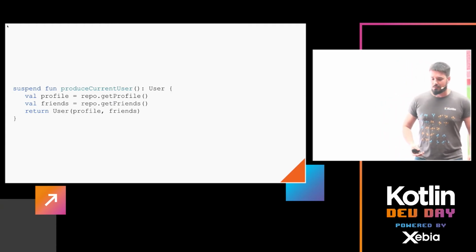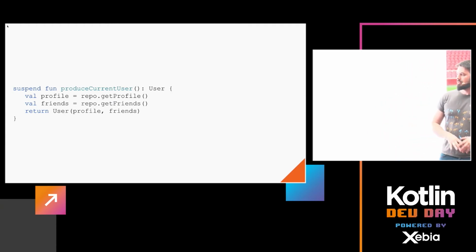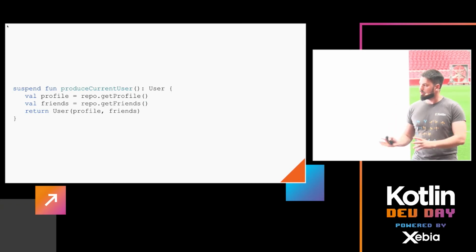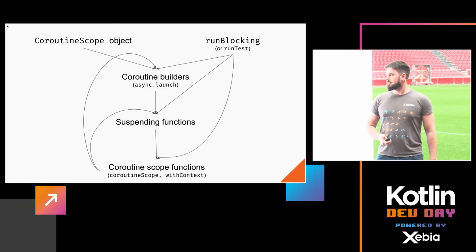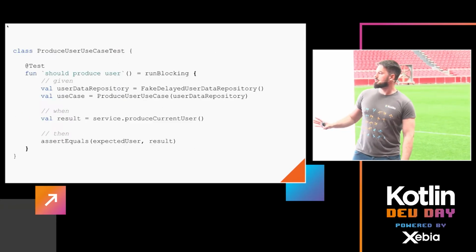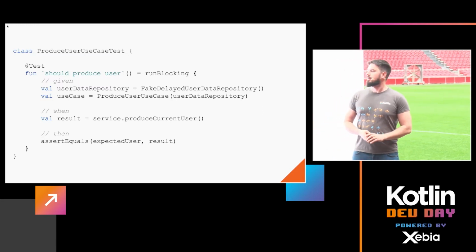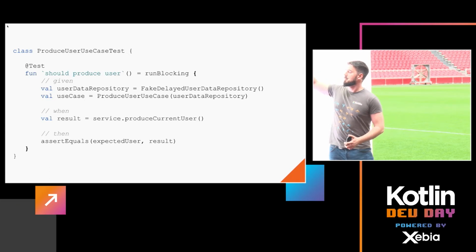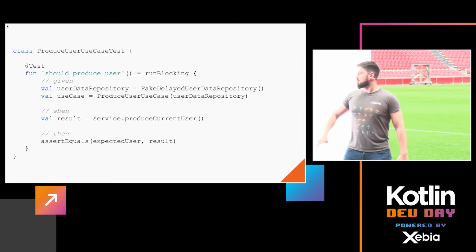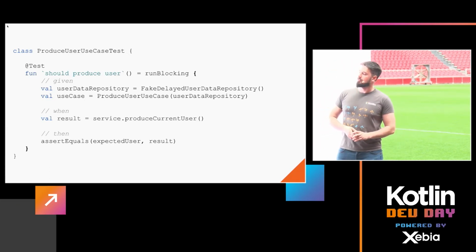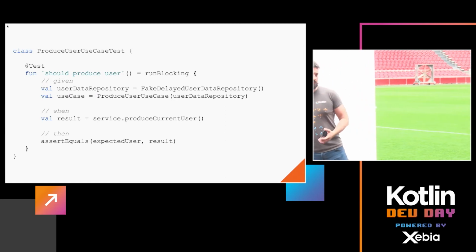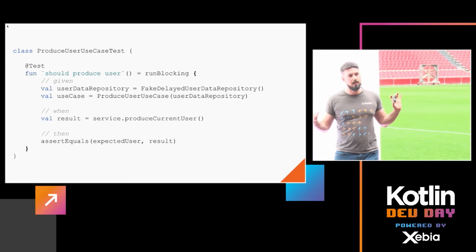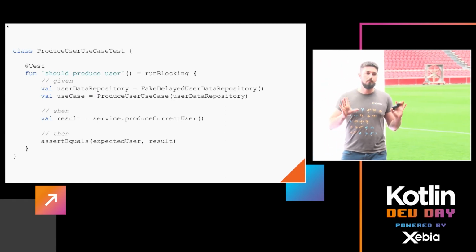If you want to test the result of this function, this test might look exactly like a regular test. So you set up some mocks or fakes, you call your function under test, and you verify the result. That's exactly the same as it would look if it were a blocking call.